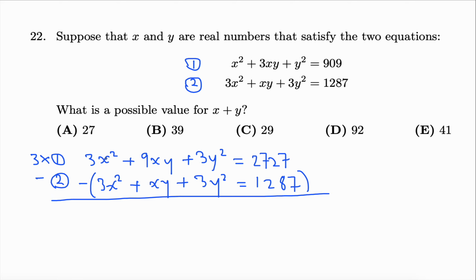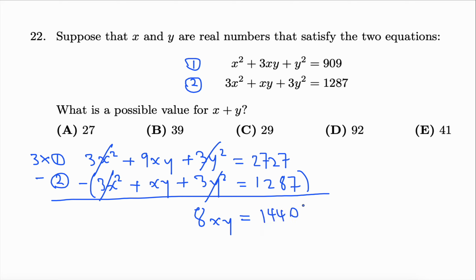And when we do that, this cancels out, this cancels out. So we end up with 8xy is equal to, what's this number? 2727 minus 1287. I'm going to use my calculator for that. 2727 minus 1287 is 1440.